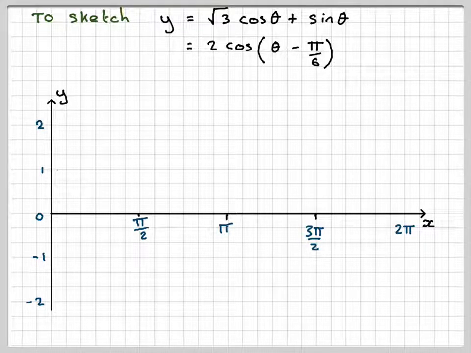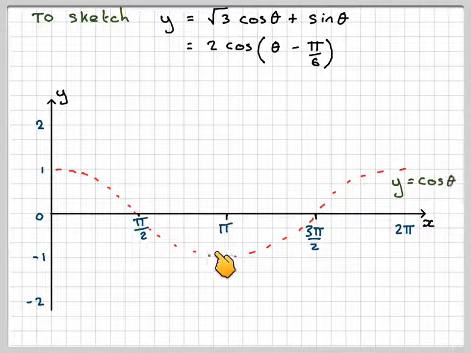Because of the 2 here, we need to make this axis go up to 2 and down to minus 2. Now if we just draw on first of all, cos theta would look like that. Let's label the axis accordingly with theta rather than x.